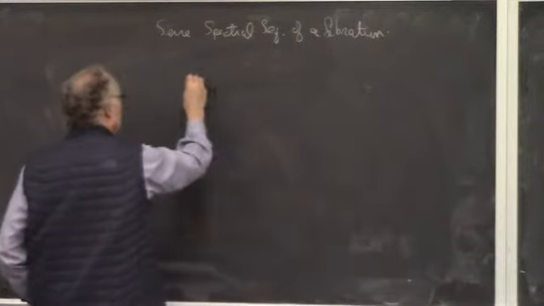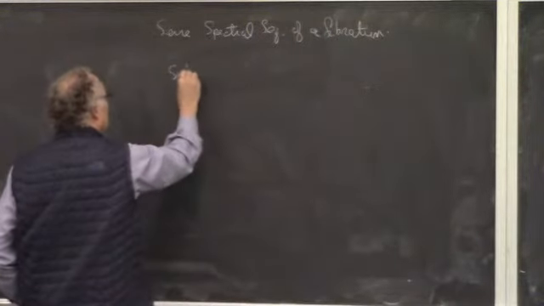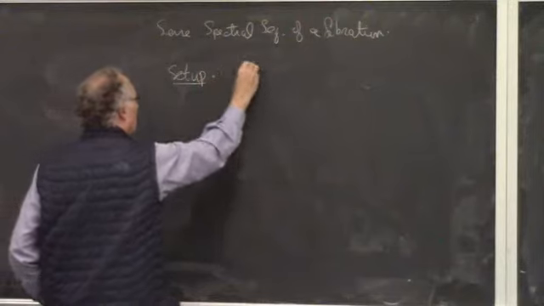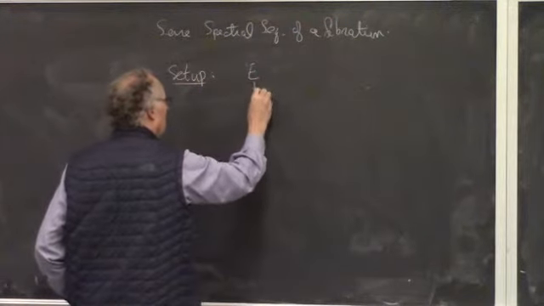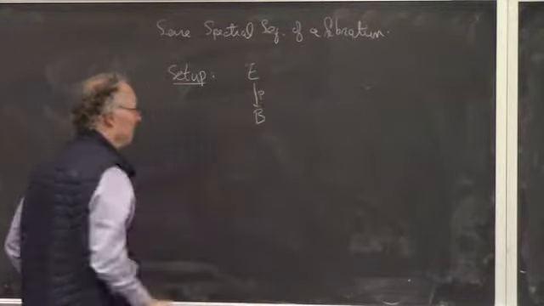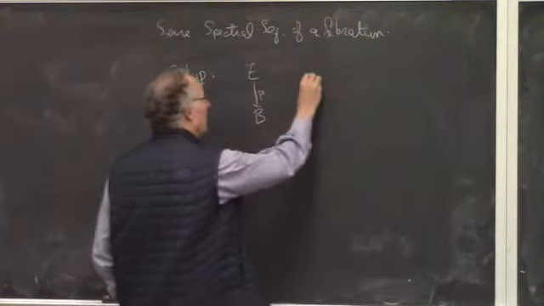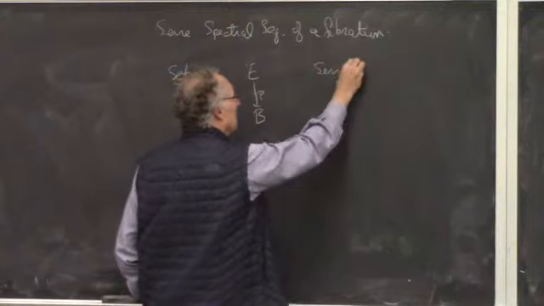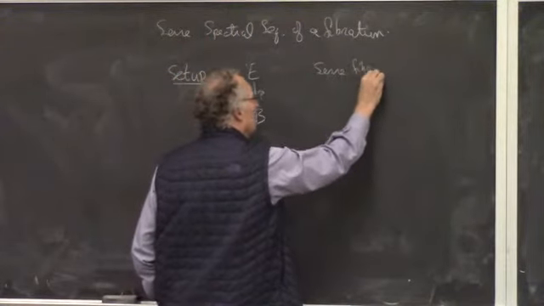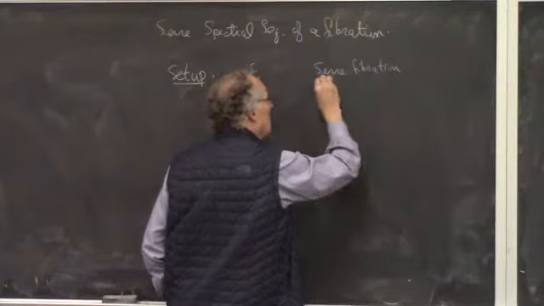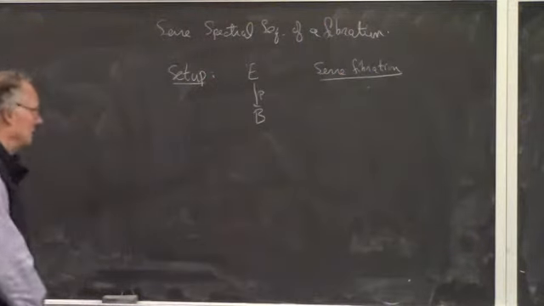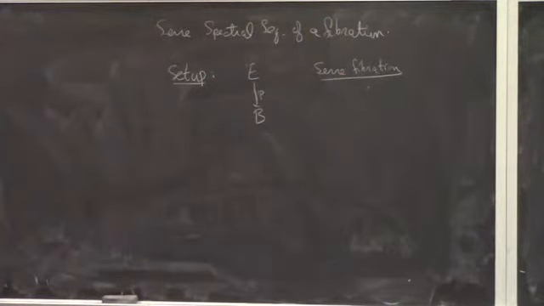So I'm set up the following. We have a map between spaces, E to B, topological spaces, and this is a Serre fibration. Now, in order not to get into the world of twisted coefficients, I'm going to assume something we've seen before.